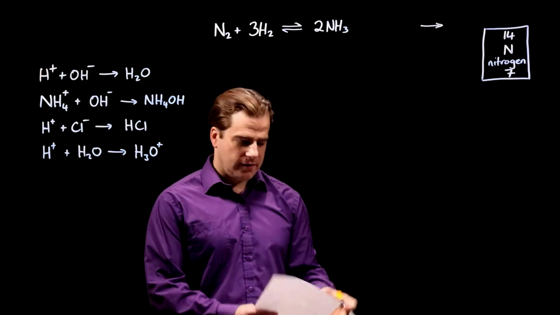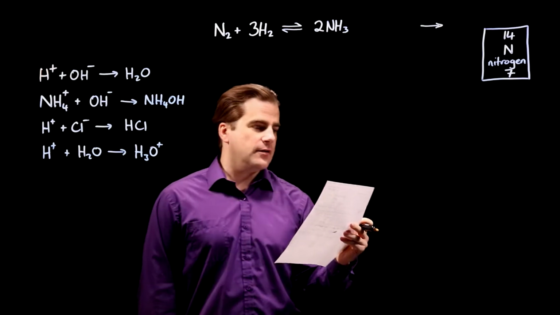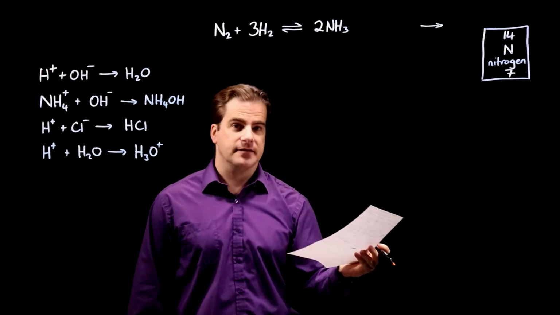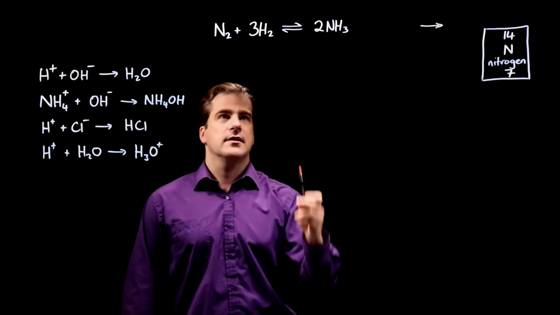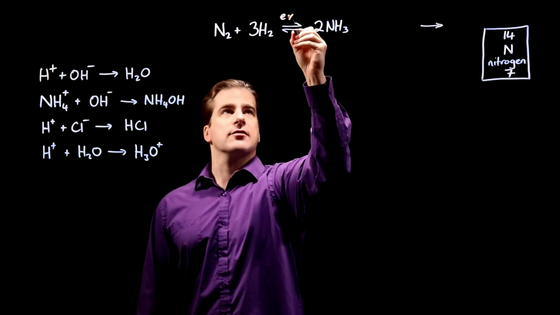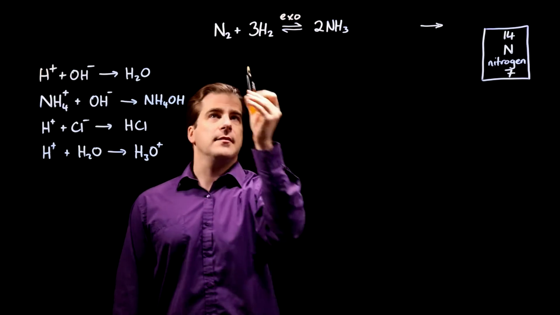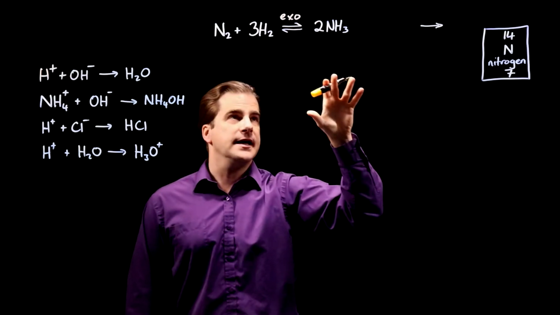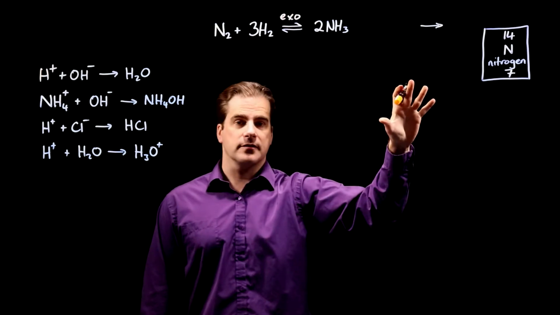Okay, and they've told us that the forward reaction is exothermic, so the reverse reaction is endothermic. In that direction, it's exothermic. That means when nitrogen and hydrogen react to make ammonia, heat is released into the environment.